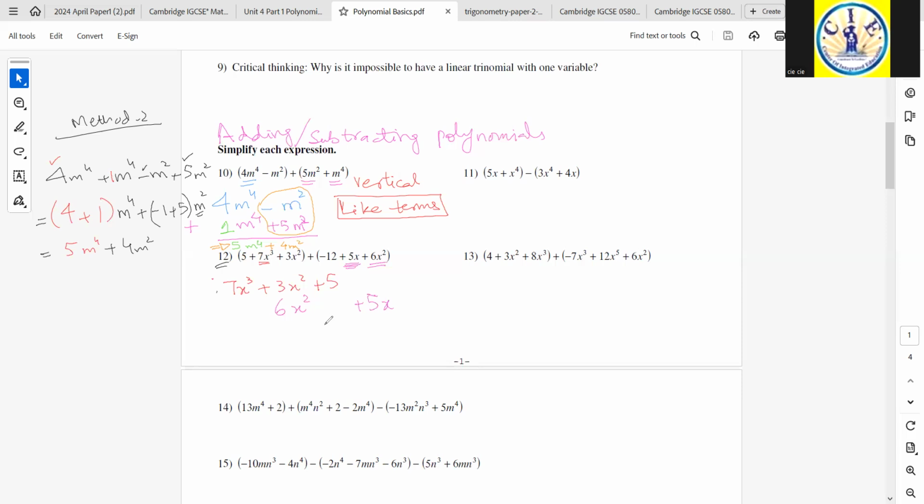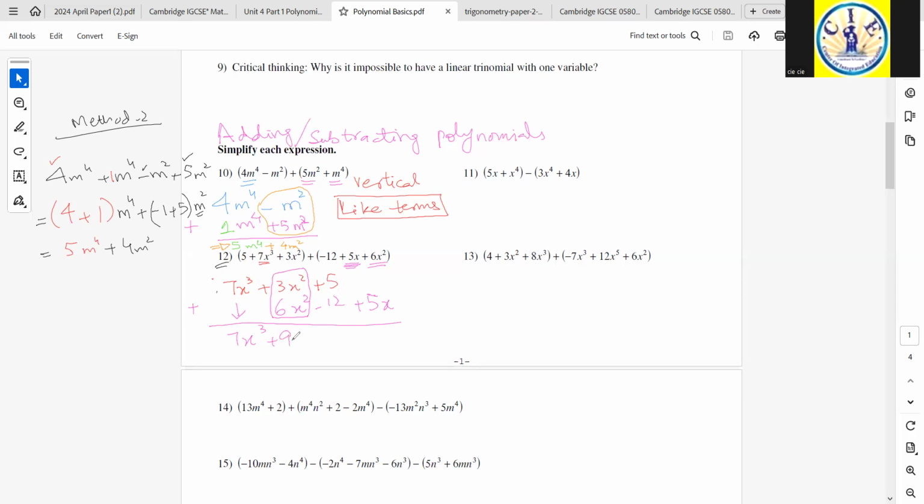And then this is the negative 12. Negative 12. So this is how we can add them. Now we need to add them. So let me bring this down, 7x cubed. Now this is a pair of these two.